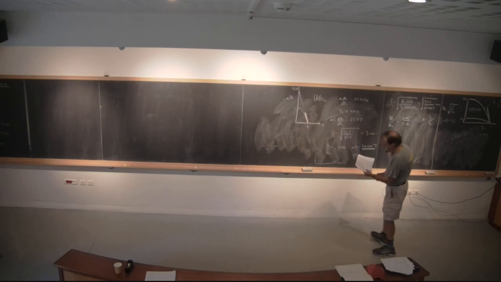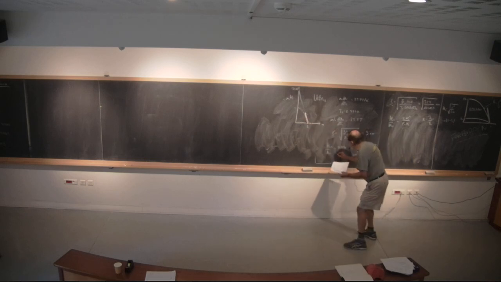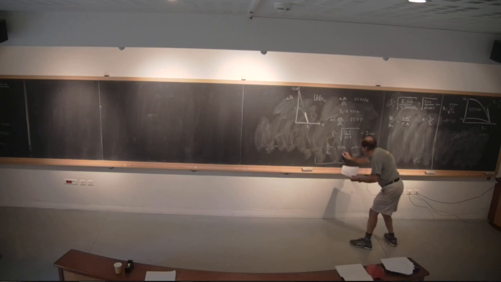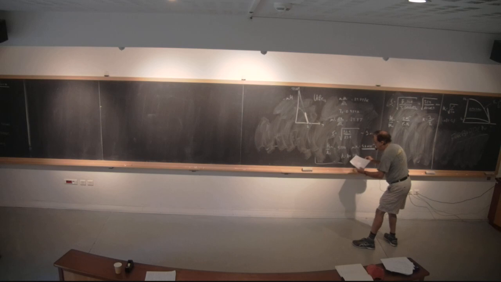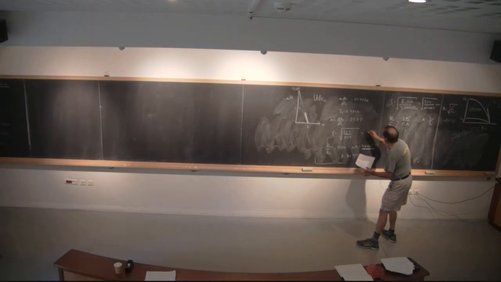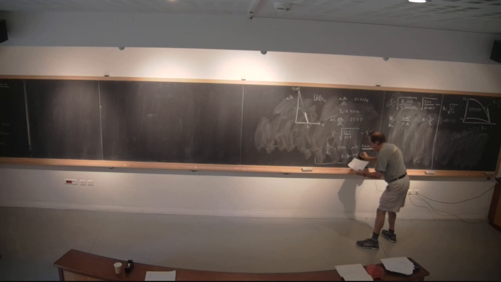Okay, and so when you plug that in, you discover in this formula here that kappa is 110, and this comes out to be 3.7 nanometers, and therefore lambda L is 3.7 times 110, which is 470 nanometers.